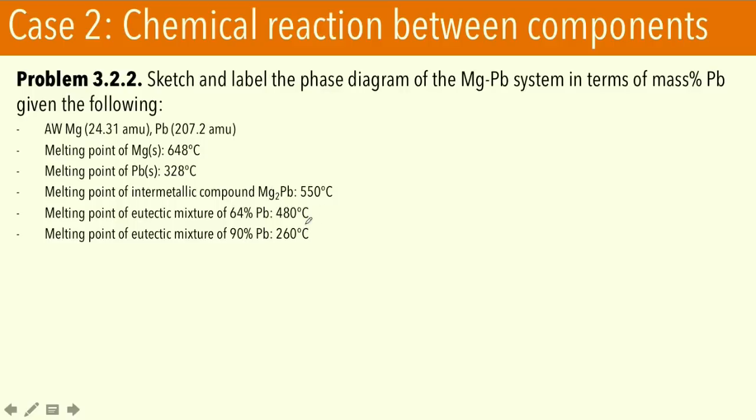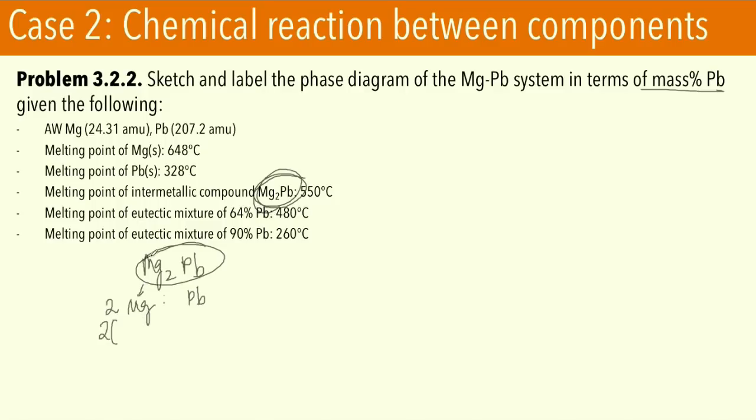The first thing to do is probably to identify where we could put this compound in our phase diagram. For magnesium to lead, we have 2 magnesium for every lead. However, we need to plot this in terms of mass percent lead, so we want to know what percent of lead this compound will be.